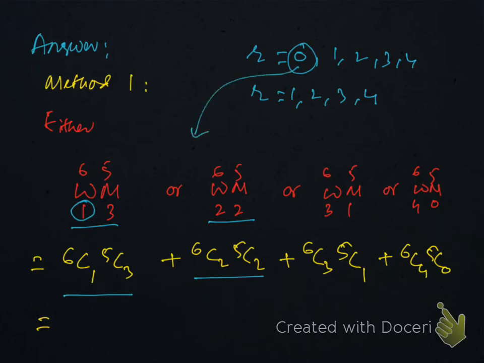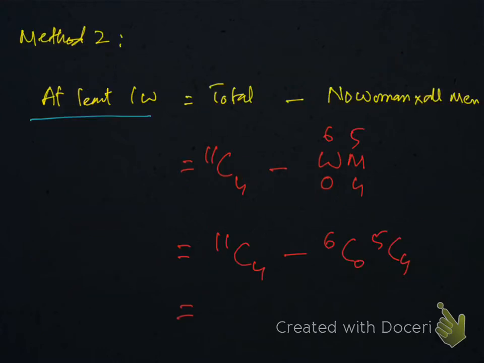So we have to subtract this option from the total. Like for at least 1 woman, total minus no woman. So this is the way we can solve this question according to method 2. So we subtract the options which are not in that method 1 list.